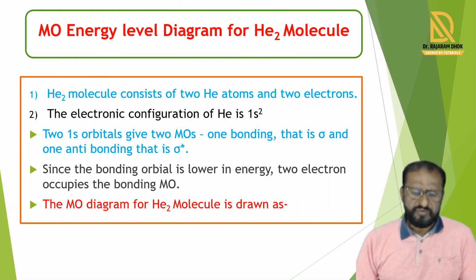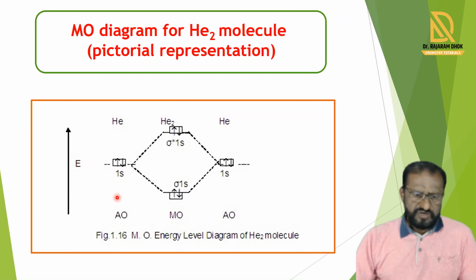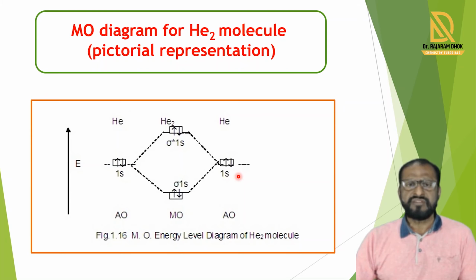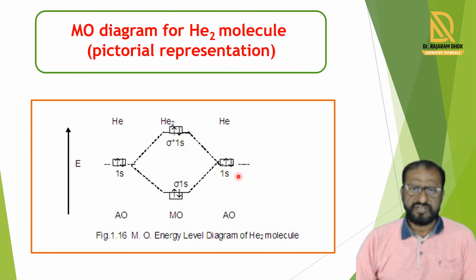The molecular orbital diagram for the He2 molecule is shown in this way. This is the first helium atom and this is the second helium atom. In each helium atom, one 1s orbital is present, and these two 1s atomic orbitals combine with each other.